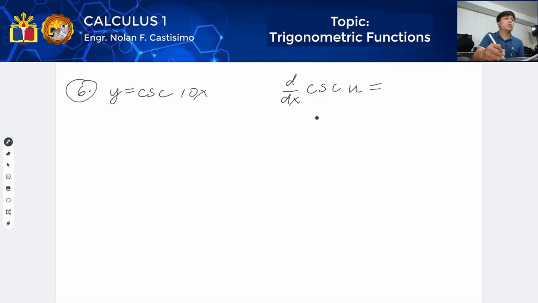So, we're going to use negative cosecant u, cotangent u, du over dx. Okay. So, coming back to this problem, let u is equivalent to 10x and du over dx is equivalent to 10.